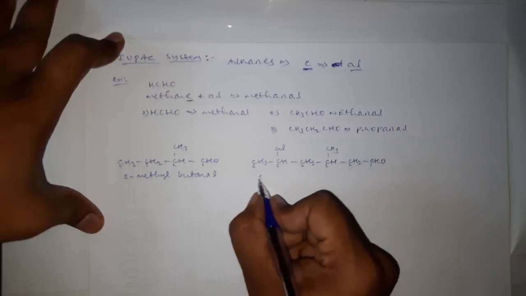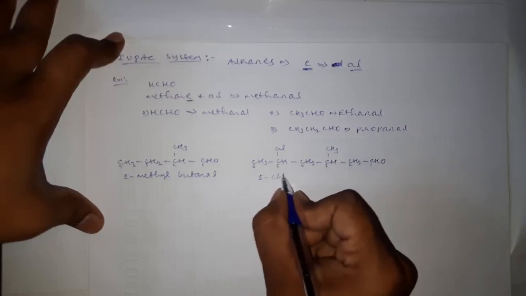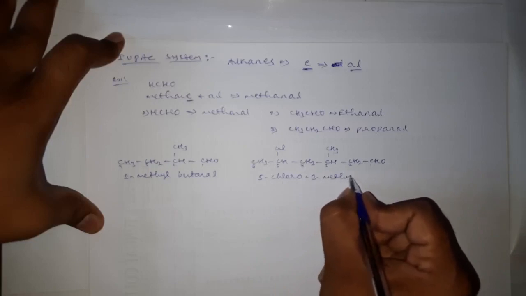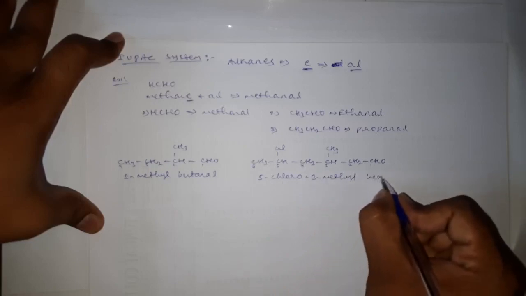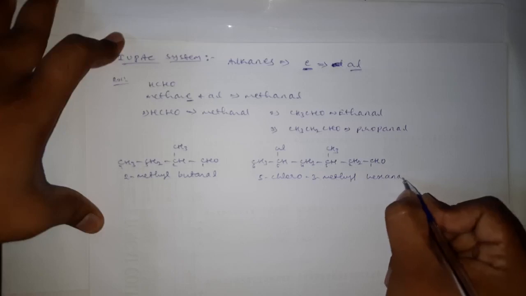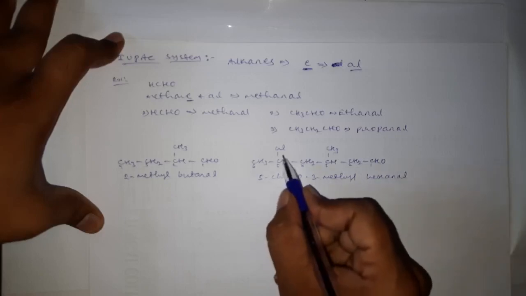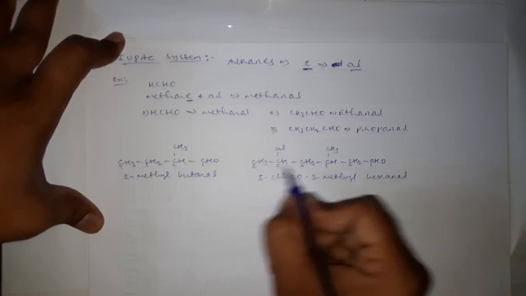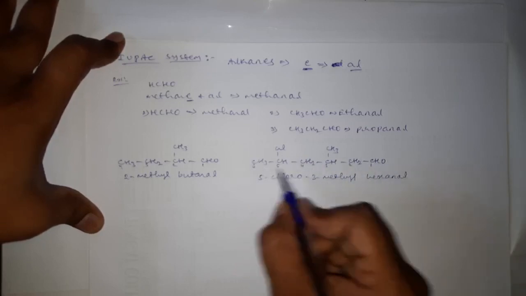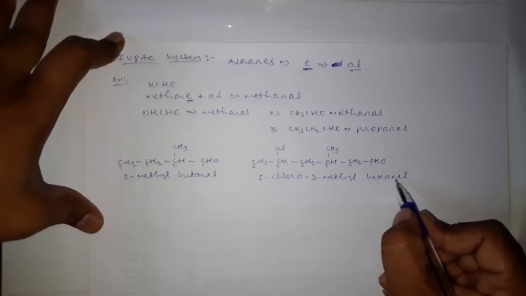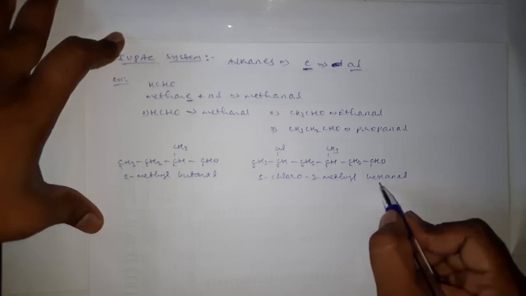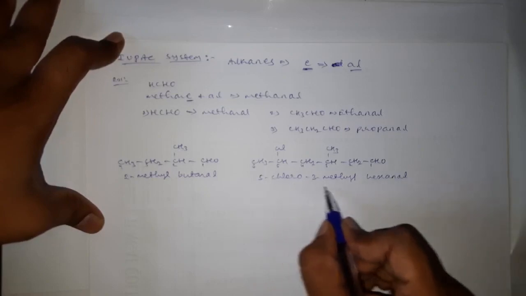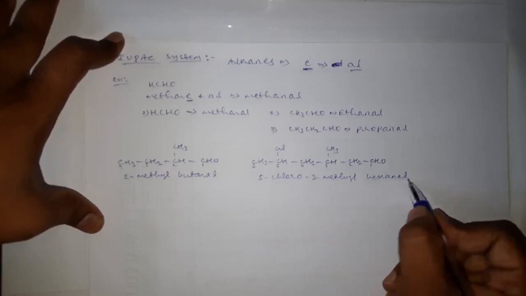Therefore 5-chloro-3-methylhexanal. On the 5th carbon a chloro group is there, on the 3rd carbon a methyl group is there, and it is a hexane, and by replacing the E of hexane and adding al we will get hexanal. Therefore its systematic IUPAC name is 5-chloro-3-methylhexanal.